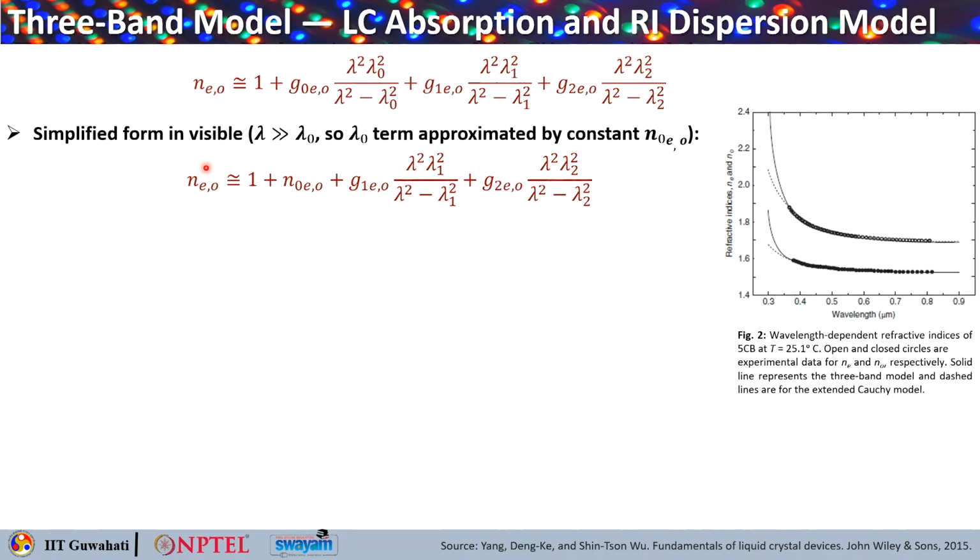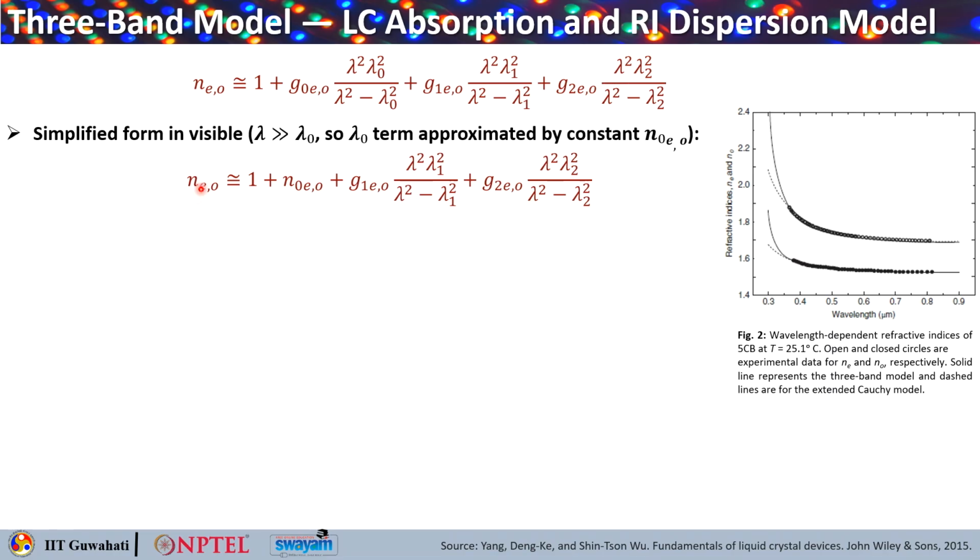So the simplified form in the visible, where lambda is much longer than lambda naught, you can see that the lambda naught term can be approximated by a constant N naught. So you can bring this in as a constant.